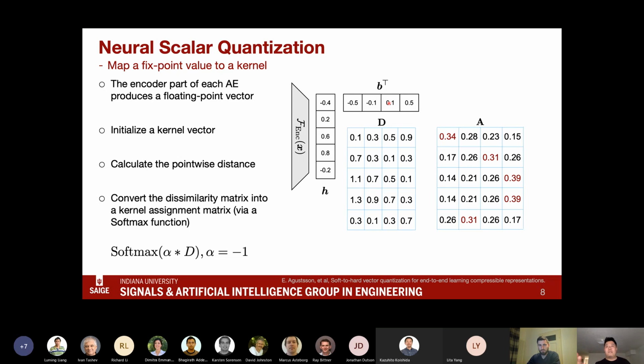So there are multiple transformations here. We first calculate the pointwise distance, which gives me the matrix D. With the softmax function, D becomes a probability matrix A. If I multiply this D by a negative scalar alpha, then we could simply pick the one with the largest probability here.